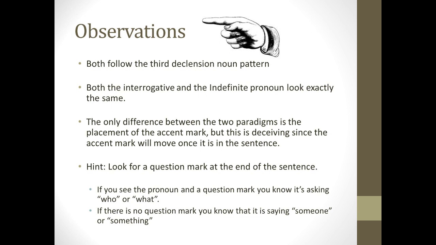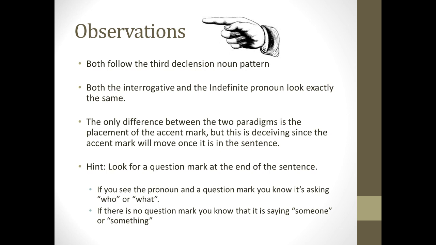It also means that our dative will have an iota as an indicator that we are dealing with the dative case. Both the interrogative and the indefinite pronoun look exactly the same. This is why Story has placed the singular and the plural side by side for both the interrogative and the indefinite pronoun. He lets you see that they are both formed exactly the same way.